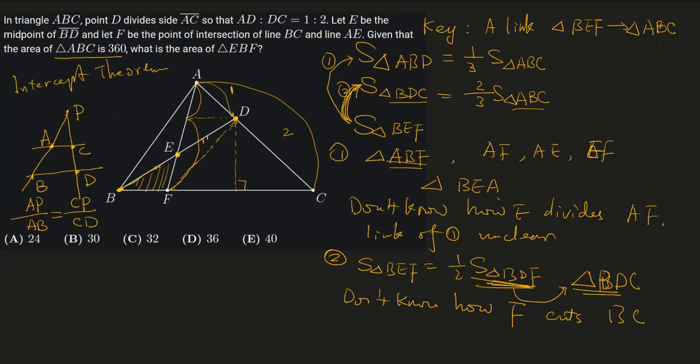Or another way to do this is to draw a parallel line from D to AF. In that scenario, we are converting this ratio AD to DC to this ratio, this line segment to that line segment.